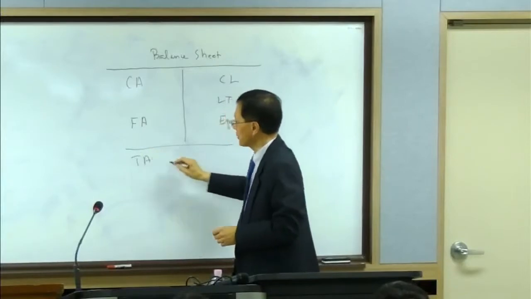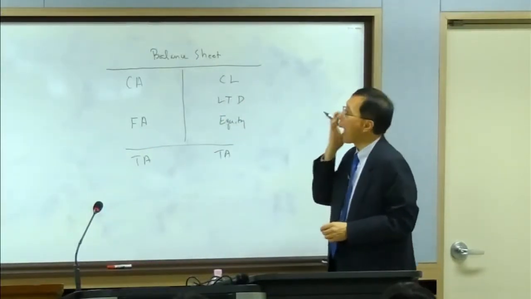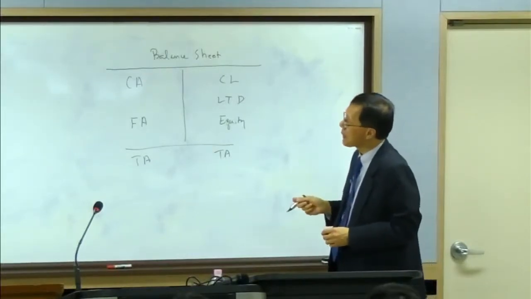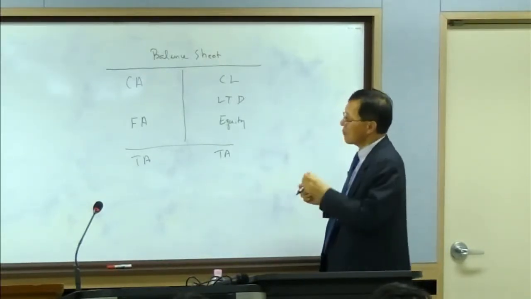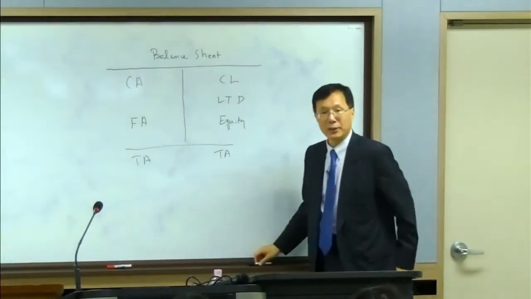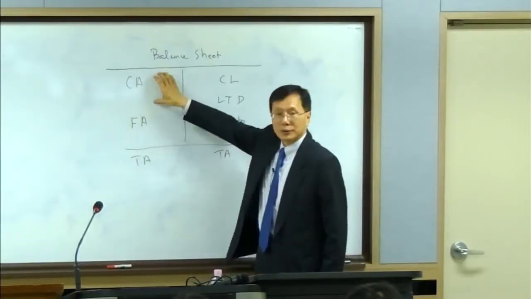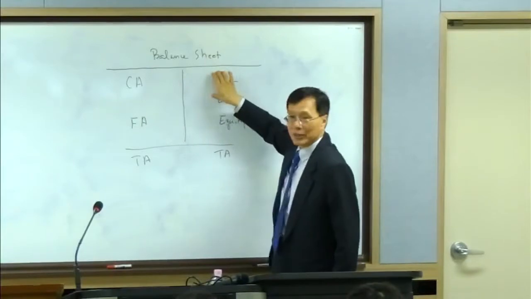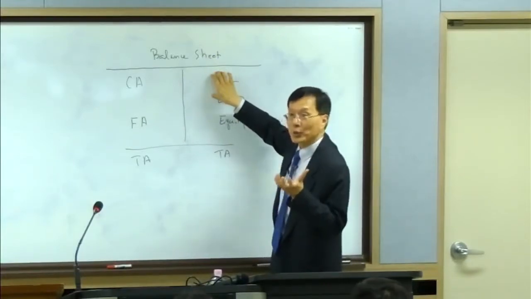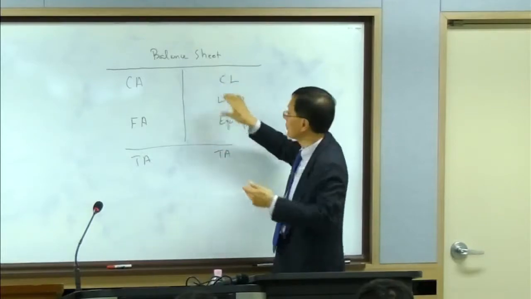That's total assets, total assets. Financial planning is nothing but what the future fixed assets are going to be. And what the current assets minus current liabilities, that is net working capital, will likely be in the future.